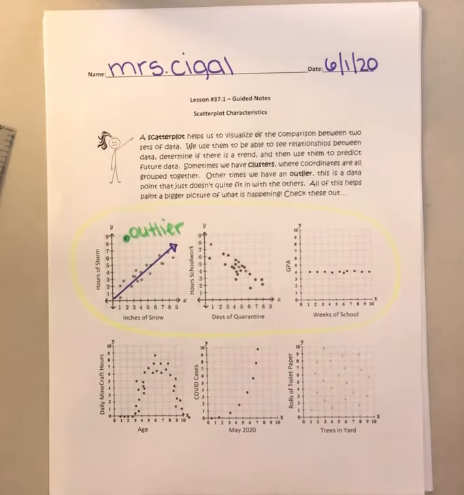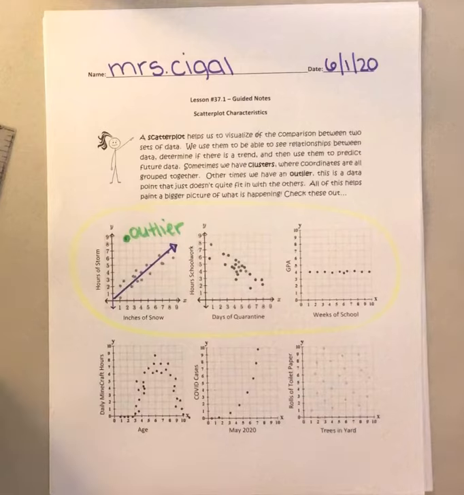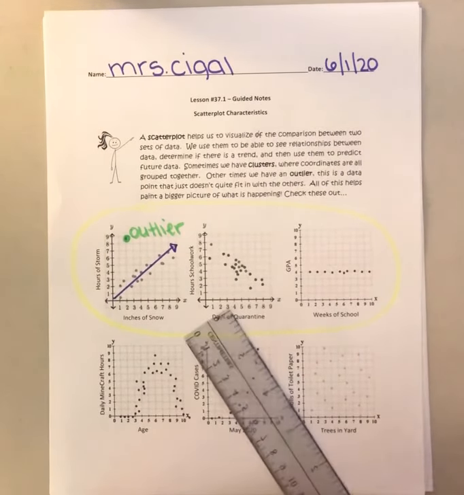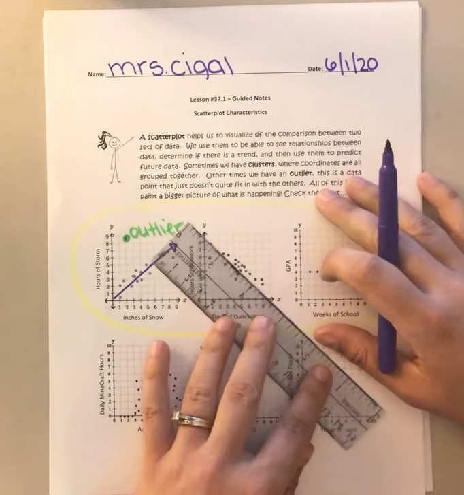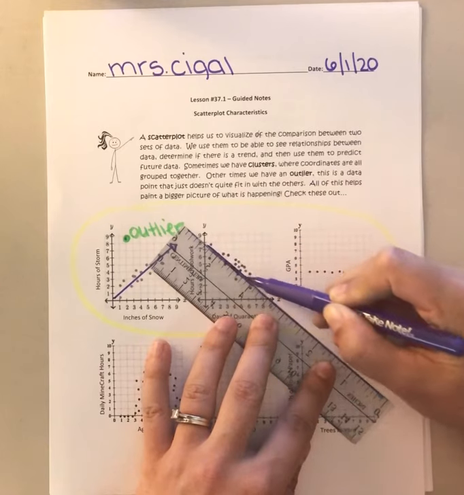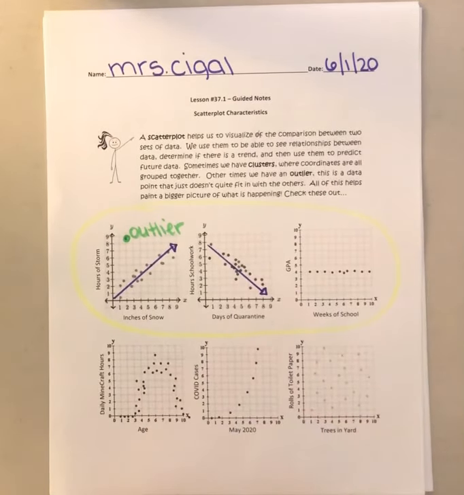Let's look at the next one. We are looking at days in quarantine versus hours of schoolwork. It's not quite as tightly fit as the last graph, but we can still kind of see this trend happening, right? It's kind of decreasing. So maybe as time goes on in quarantine, maybe we get less and less homework assignments.